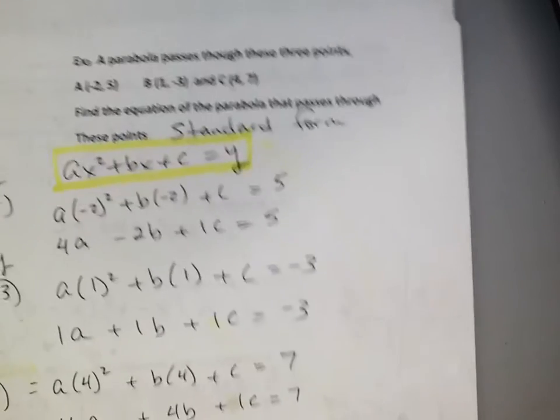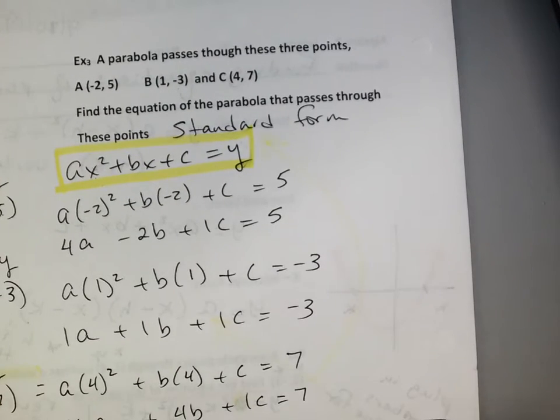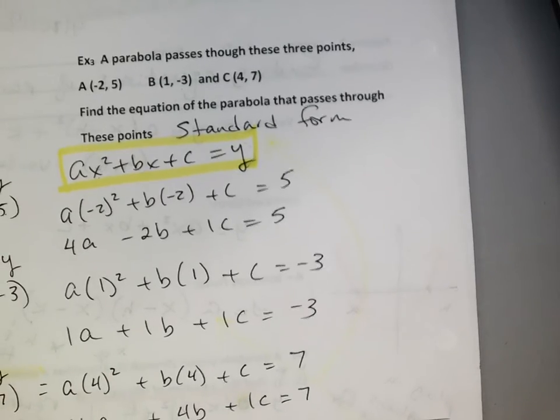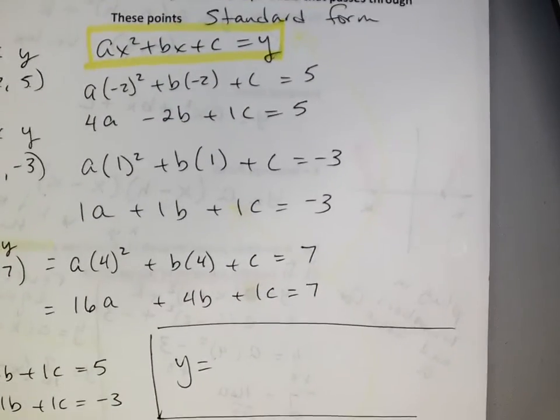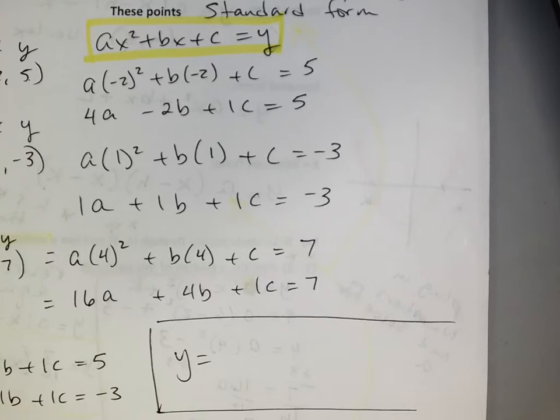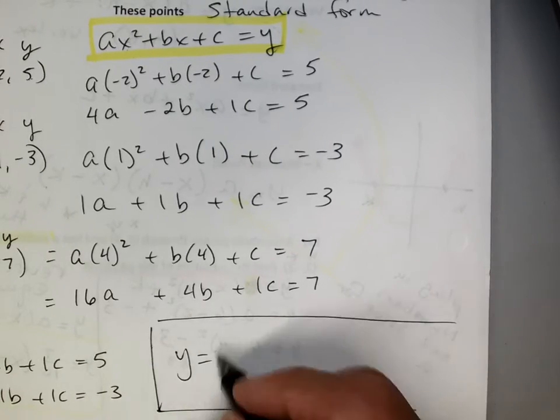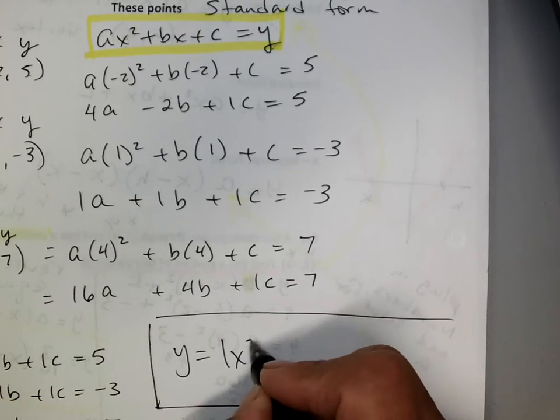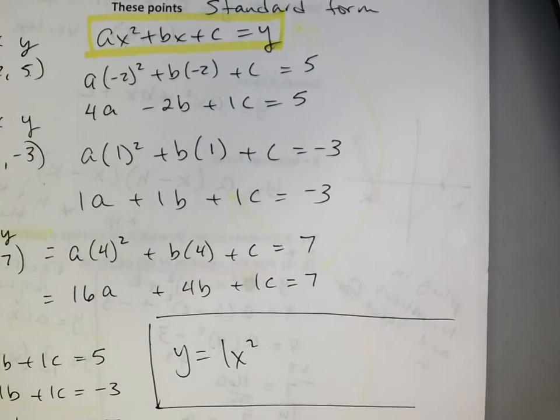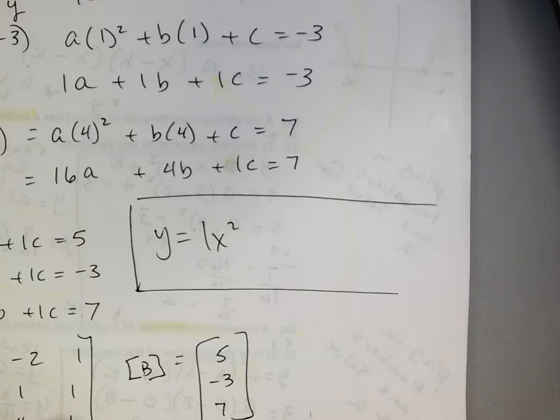So my answer, you ready for my answer? Here's my answer. y equals, I know what A is. What's A? What did your calculator say A was? 1. 1x squared plus, what's B? Negative 1 2/3, right? Or negative 1.6 repeating x.